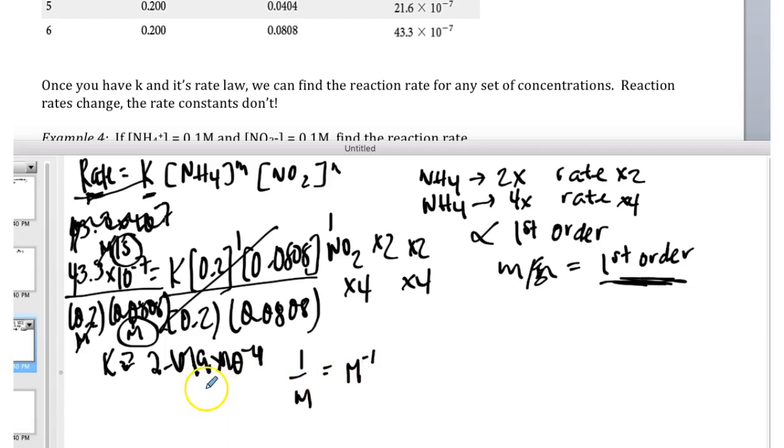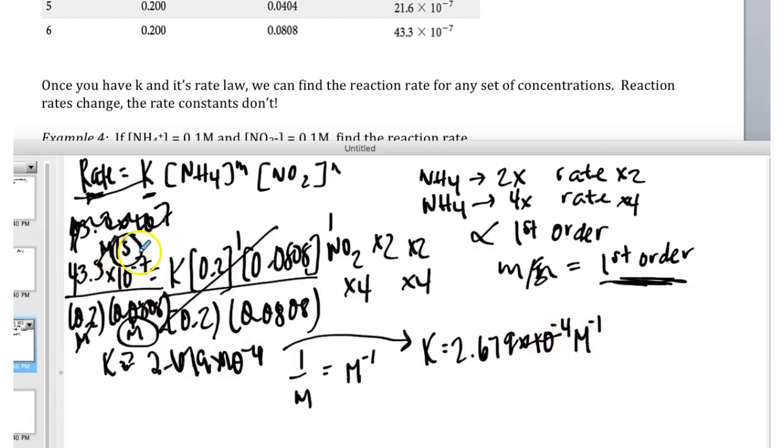It's algebra. So what I'm going to do, I'm going to rewrite this again here, okay? So K is going to equal 2.679 times 10 to the negative 4 power. It's going to be 1 over M, which is M to the negative 1 power.